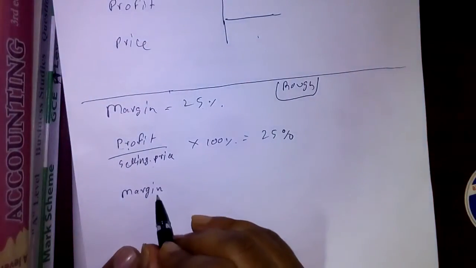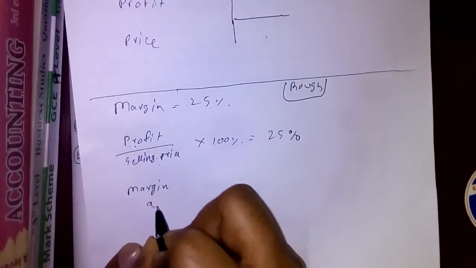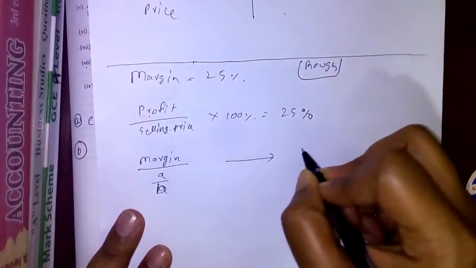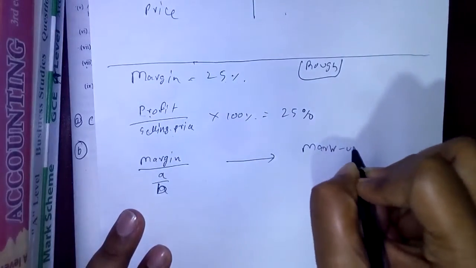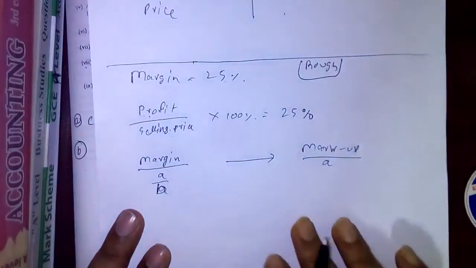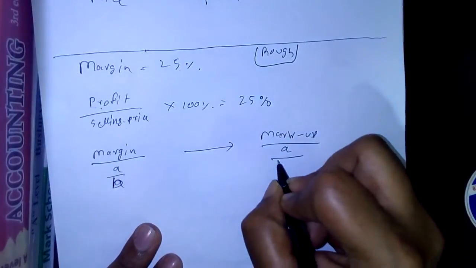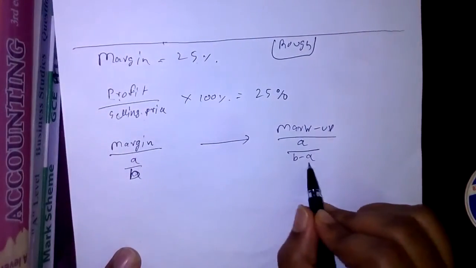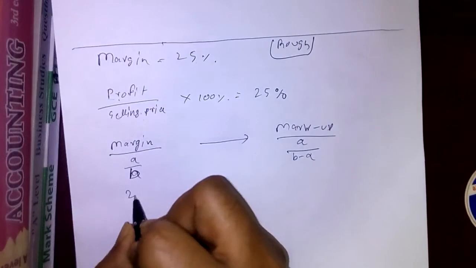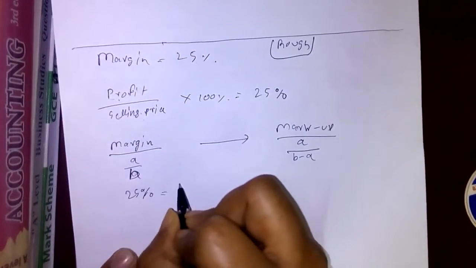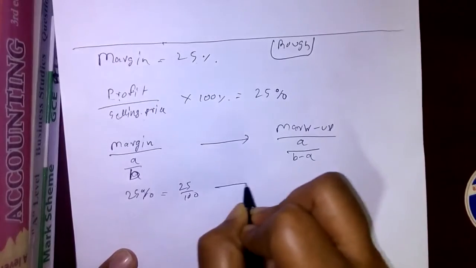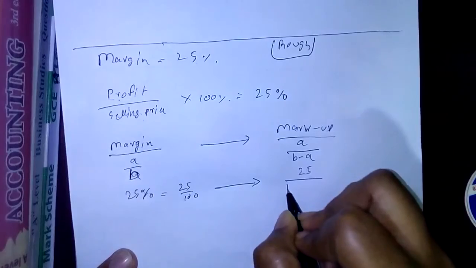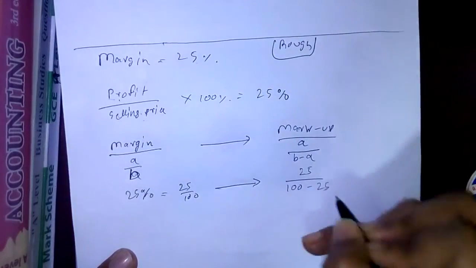The thing is, margin, if the value of margin is A by B, then markup will be A divided by B minus A. Remember, A by B will become A by B minus A. It means if margin is 25%, that is 25 by 100, then markup will be 25 by 100 minus 25.